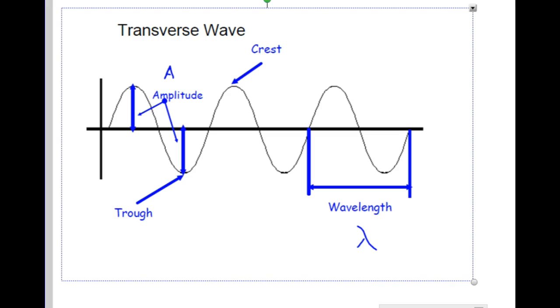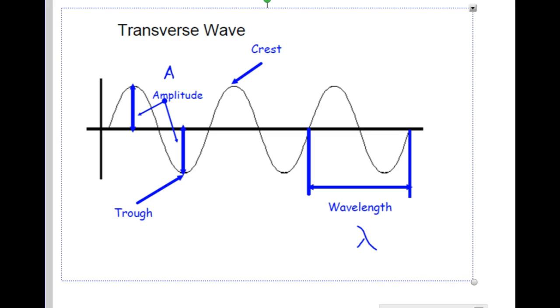Our amplitude is from the rest position to the highest point of the crest, and to the lowest point of the trough. A wavelength is from the crest of one wave to the crest of another wave.